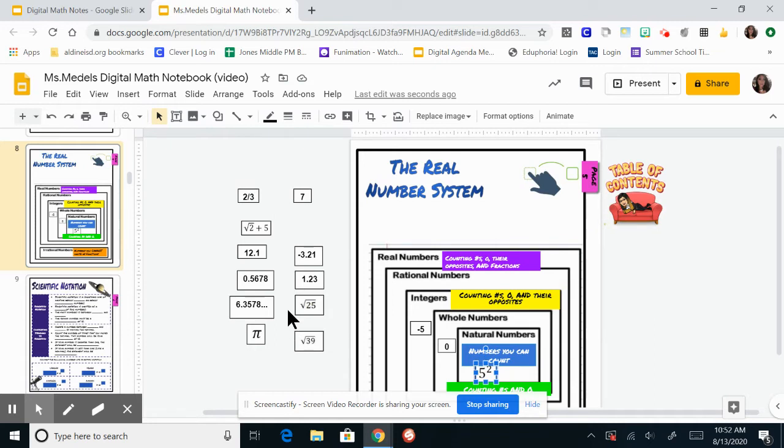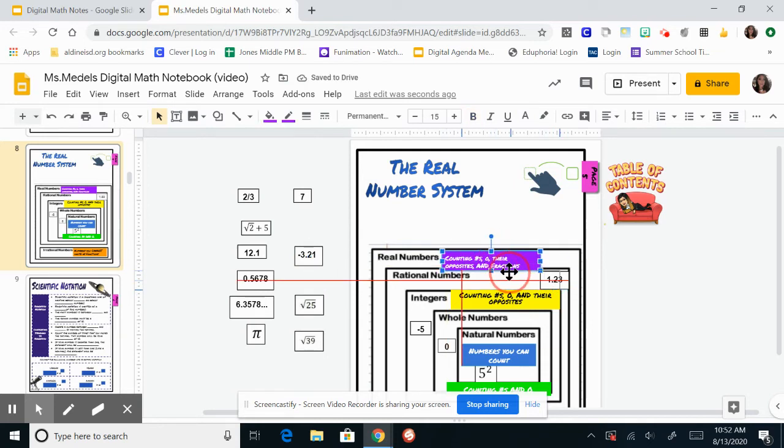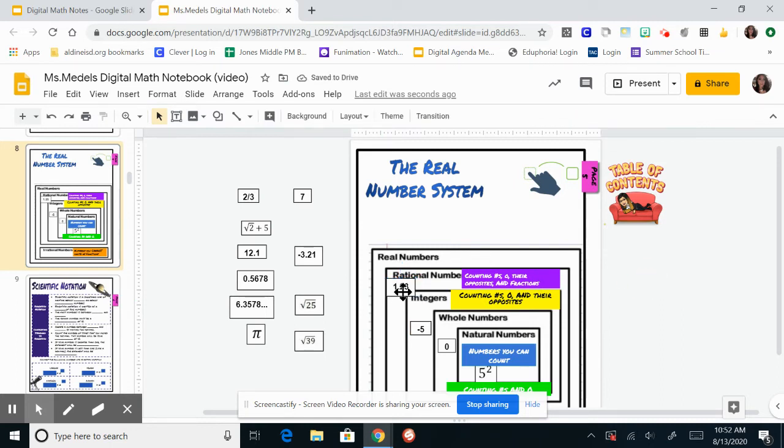Then we have the decimal numbers that I wanted to get into. When you have a terminating decimal, which is a number that stops, like 1.23, that is going to be a rational number, because it terminates.